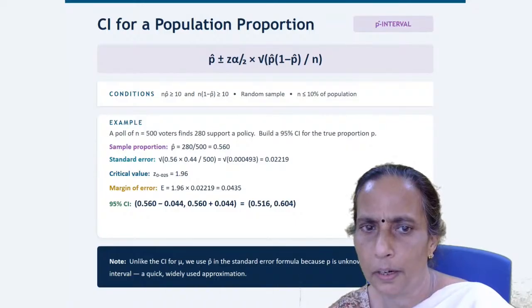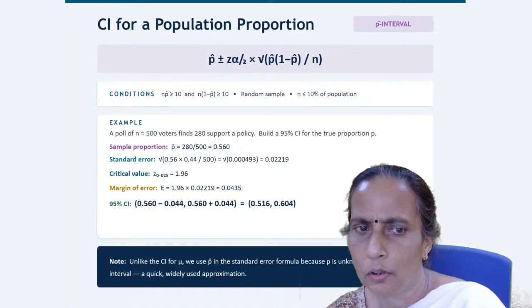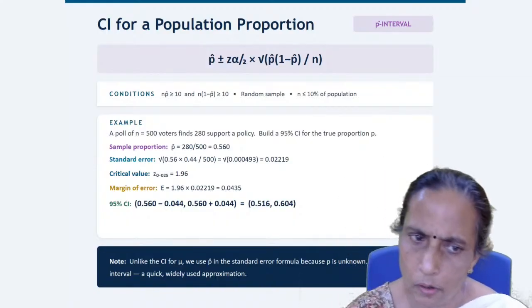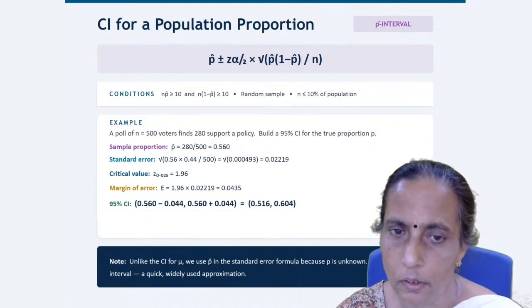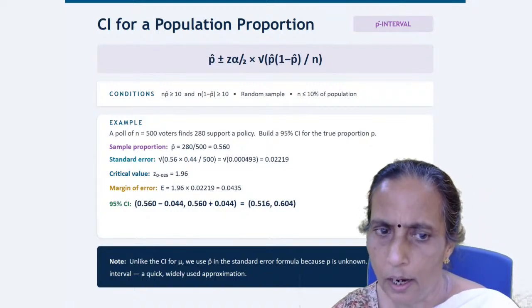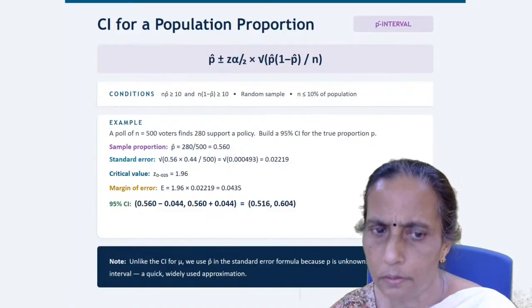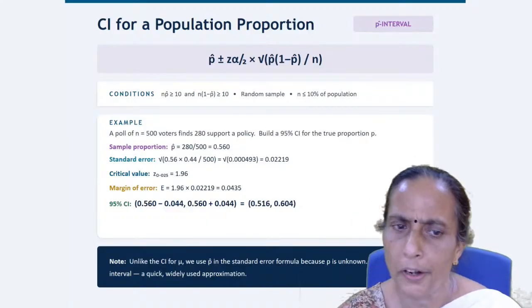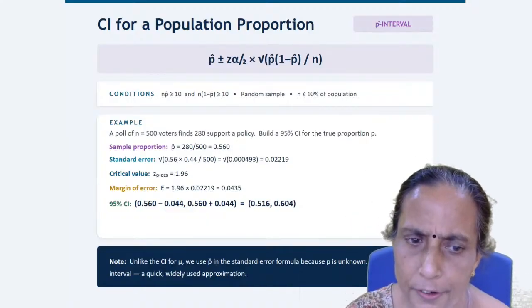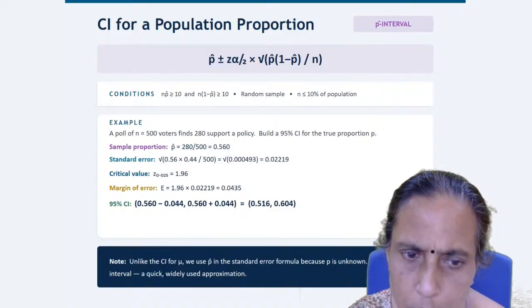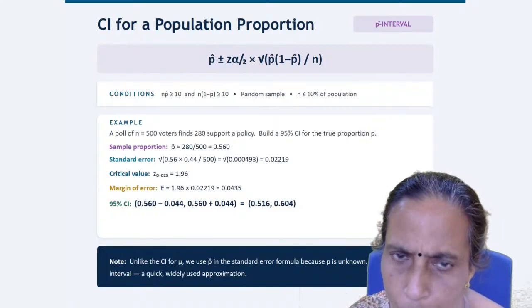So the standard error will be the square root of 0.56 × 0.44, that is 1 minus 0.56, divided by 500, that is equal to this. Okay, so the critical value, the Z value at the 5% level of significance, is equal to 1.96.